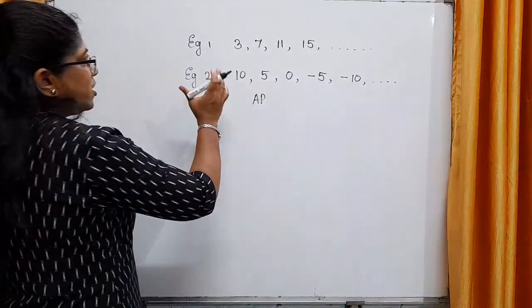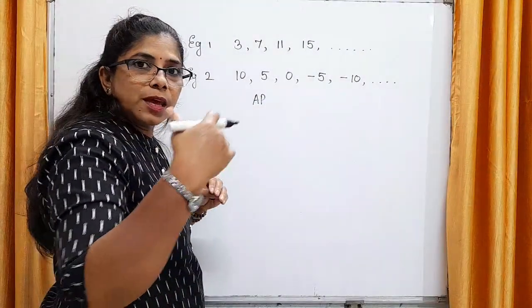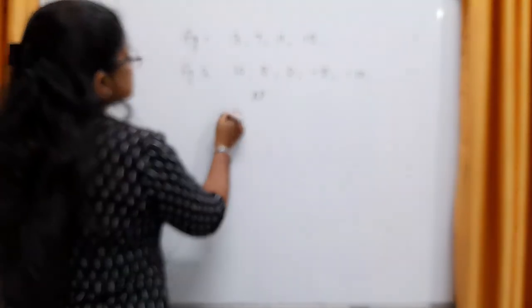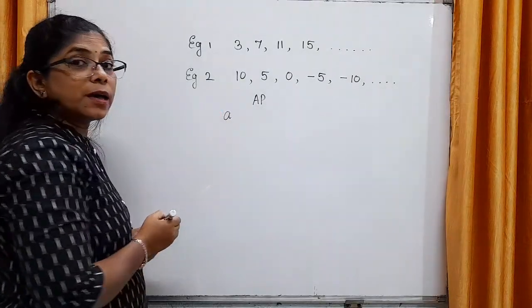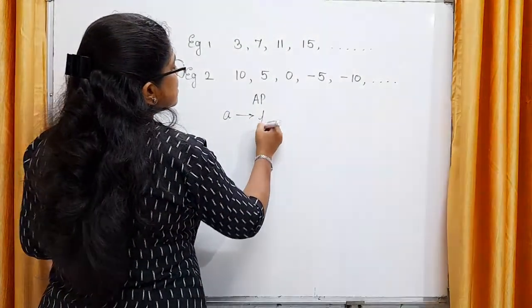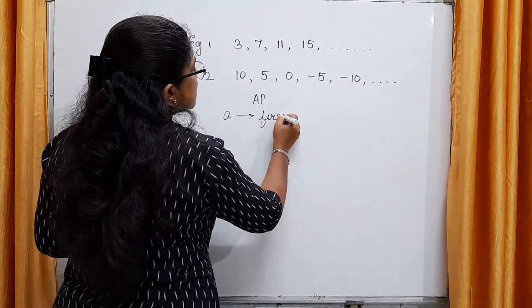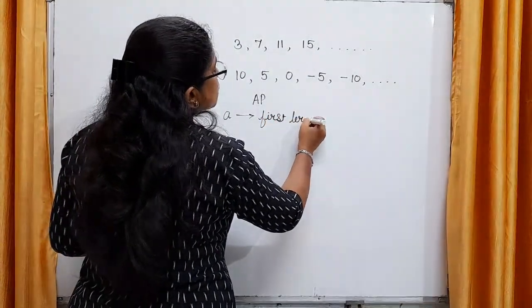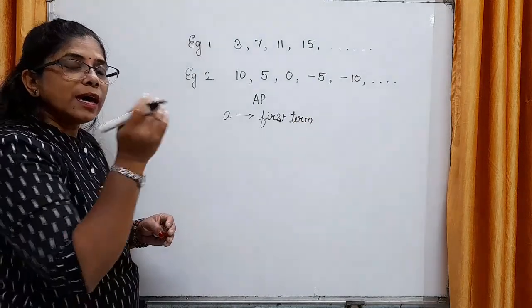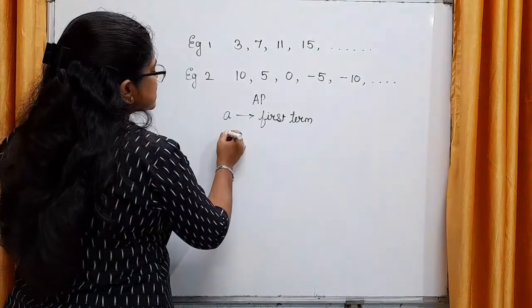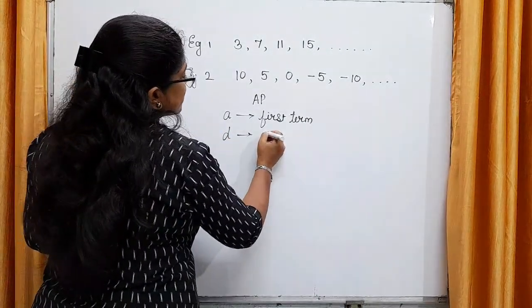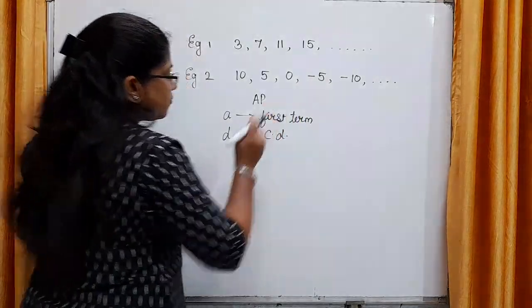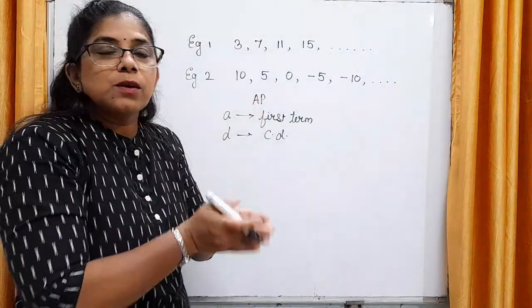Second thing, whenever we have one AP, its first term is denoted by a. a is the first term of this AP. And the common difference is d. d is common difference, CD.